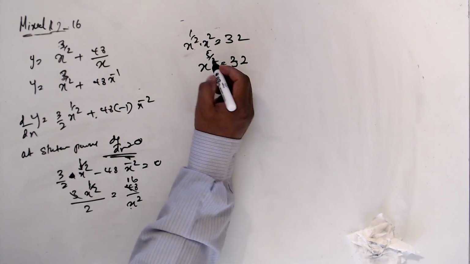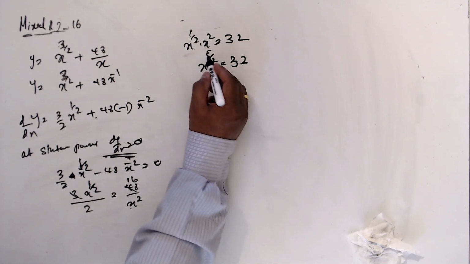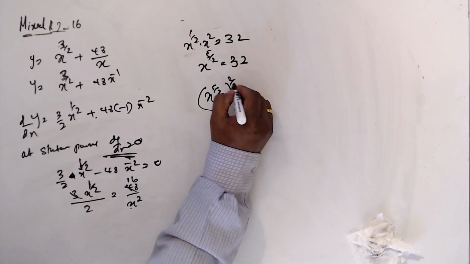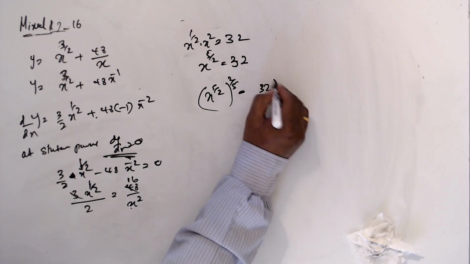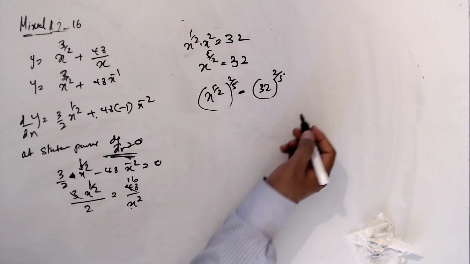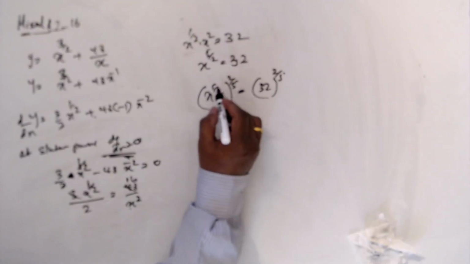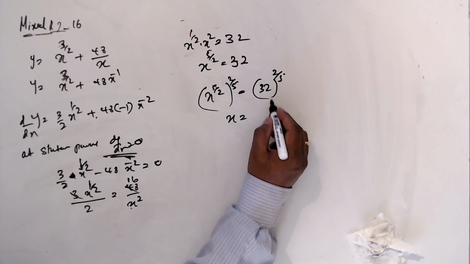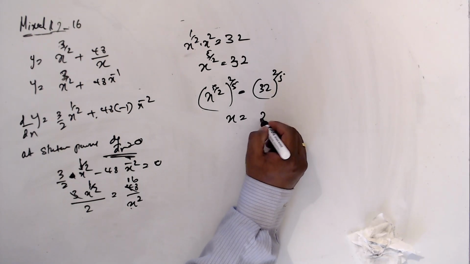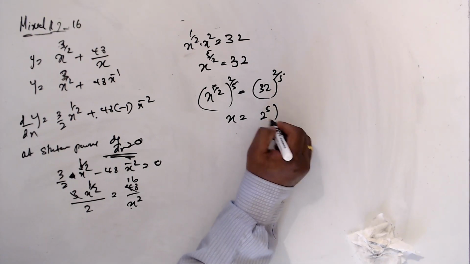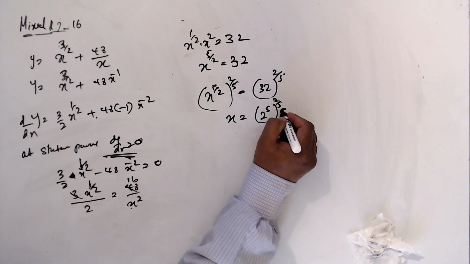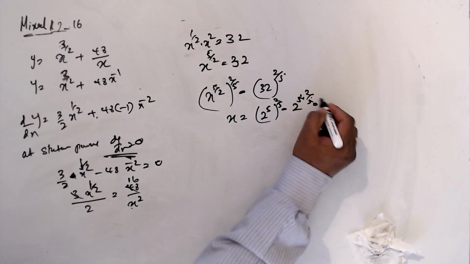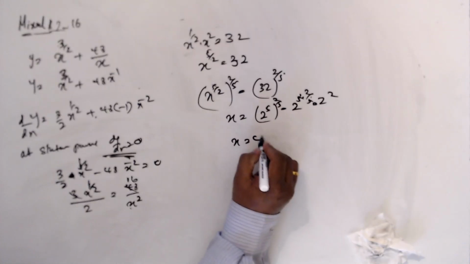Now I need x, so I want to cancel out. x^(5/2), I want to take power 2 over 5, and 32 also to the power 2 over 5. So this cancels out and becomes x. Now 32, I can write 2 to the power 5, times 2 over 5, cancel out, 2 squared. x equals 4.